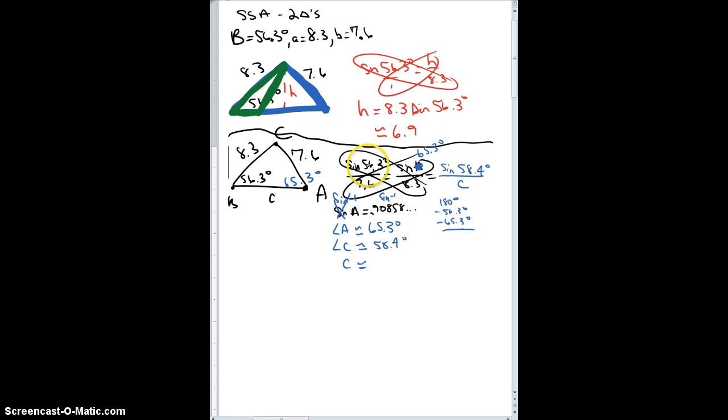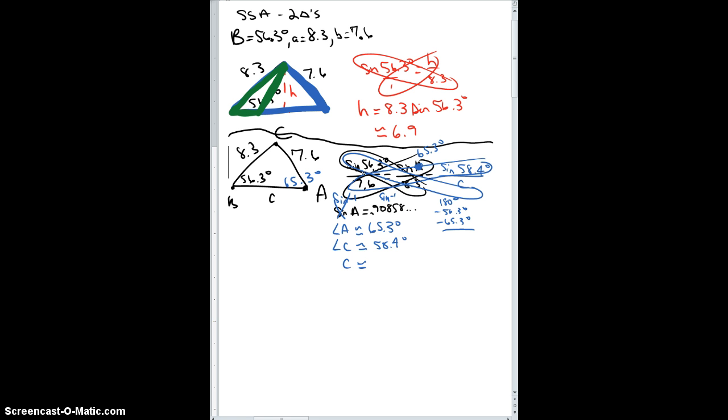I tend to like to go to the beginning just in case there's some rounding and so forth, but it really doesn't matter. So I'm going to multiply sine of 58.4 times 7.6 and then divide by the sine of 56.3. Let me do that quick.